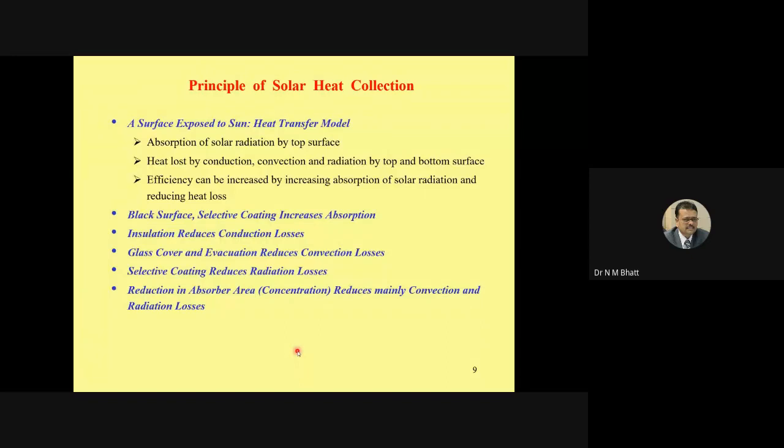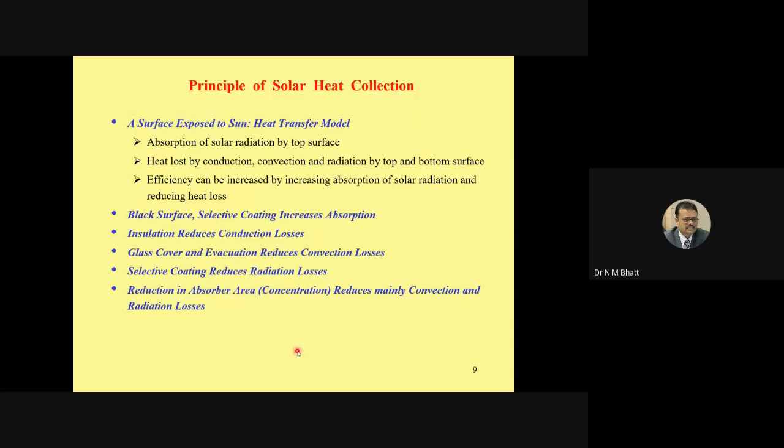You know that solar radiation is coming from the sky, so there will be absorption of solar radiation by the top surface. There would be heat loss by conduction, convection and radiation from the top and bottom surface.